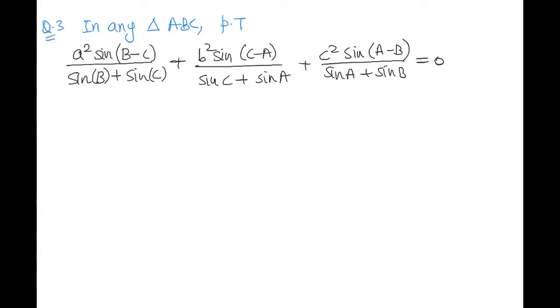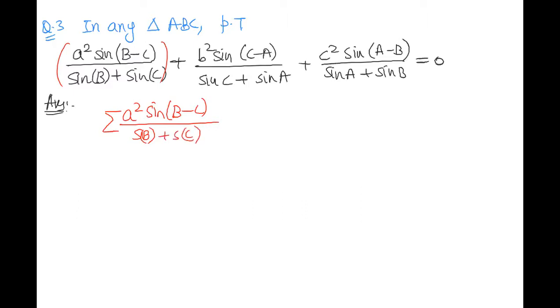What can I do in this answer? First term, let's take it and put the summation sign. This is A square into sine of B minus C divided by sine B plus sine C. So what I can think of, in place of A I will think 2R sine A using the sine rule.